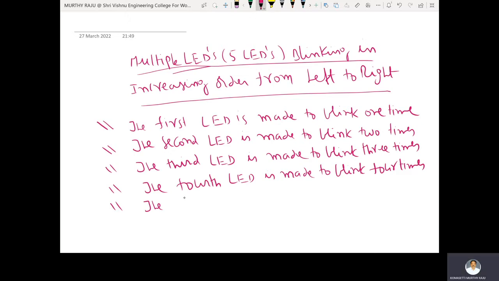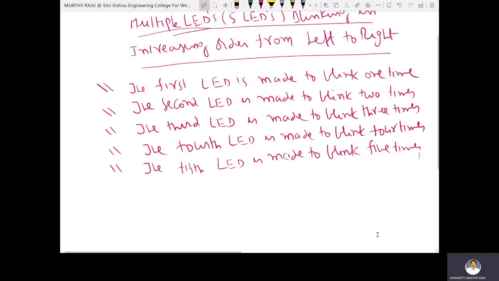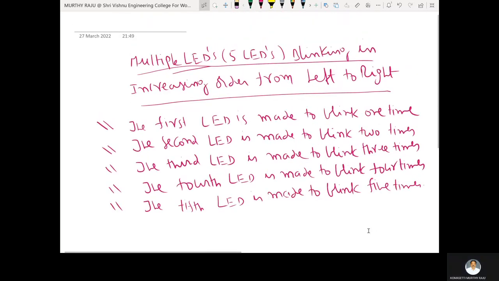The fifth LED is made to blink 5 times. This is the multiple LEDs. Consider 5 LEDs blinking in increasing order from left to right.